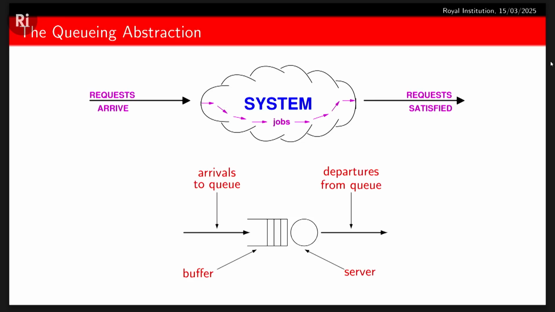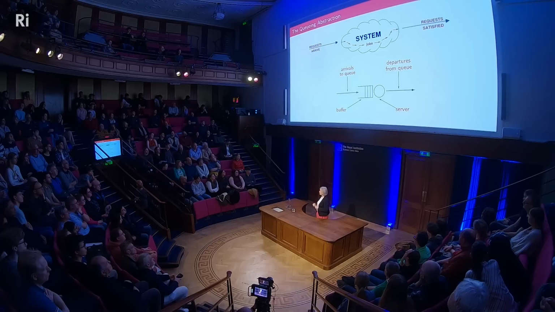And then we represent our system that's doing one job as what's called a service center made up of the server and the buffer, the place where people are waiting. So if we think back to the post office, the server is the person behind the counter, and then the buffer is the people standing in the queue waiting.